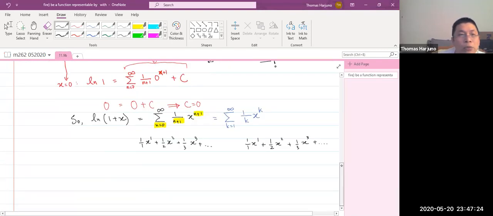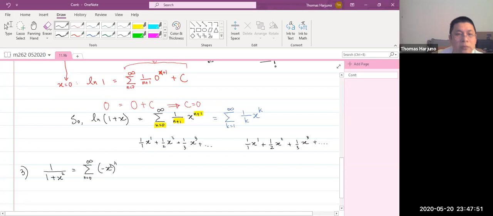Now furthermore, this is example 3. What is the power series representation for this? This is the series of negative x squared to the n, right?